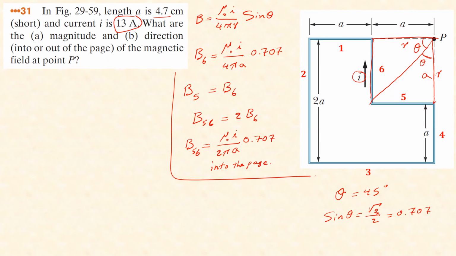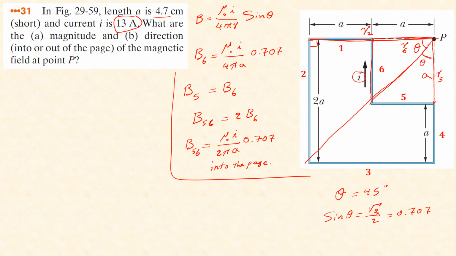What about for 2 and 3? For 2, the distance to the end, this is R2, let's call it. This is R6, this is R5. R for 2 is the perpendicular distance here, which is 2A, and theta is again the same.